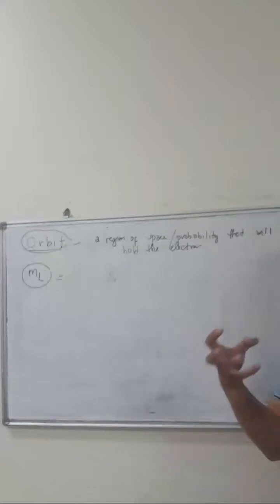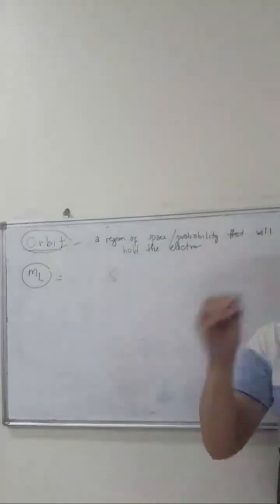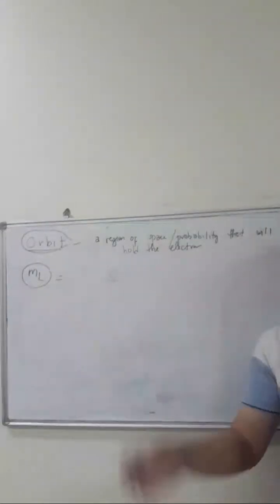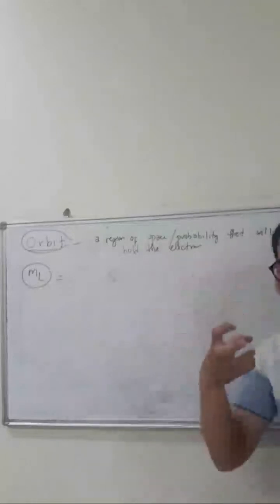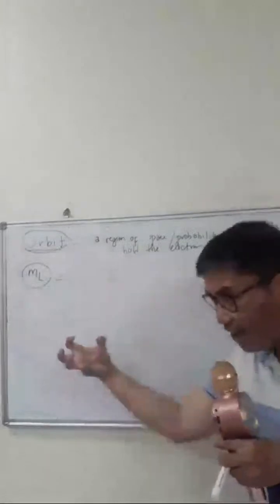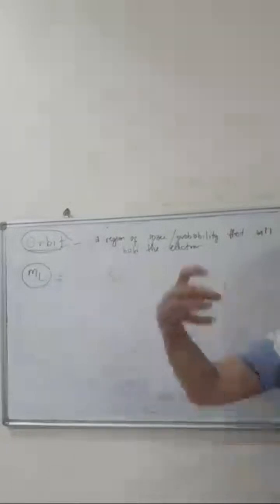Other teachers teach it another way around. They will say S orbital, P orbital. It's not orbital. It's sublevel and subshell. Each subshell and sublevel is composed of orbitals. The subshell is the main idea, and the orbital is only the specific part of it.